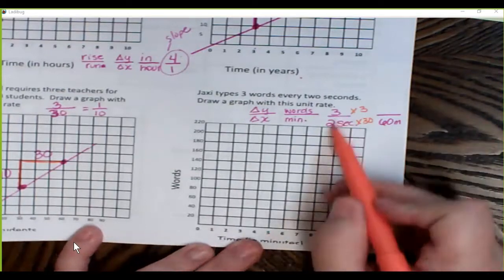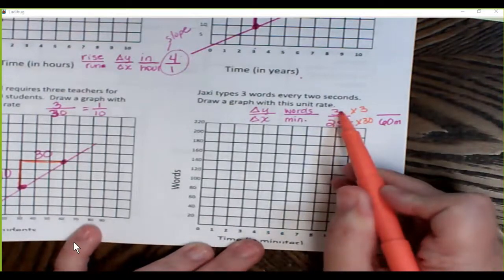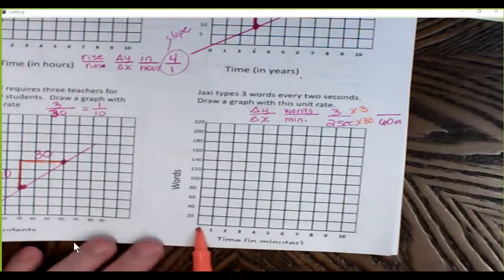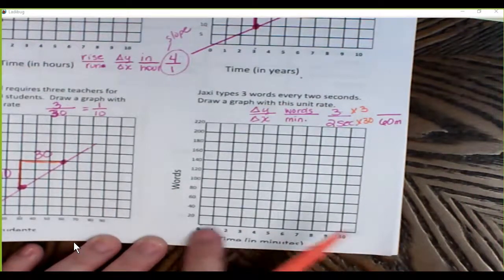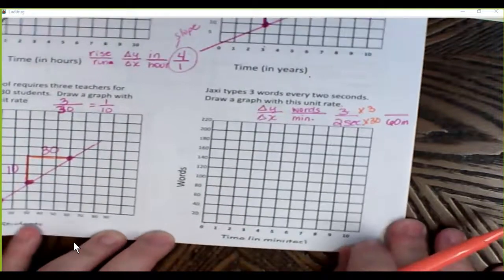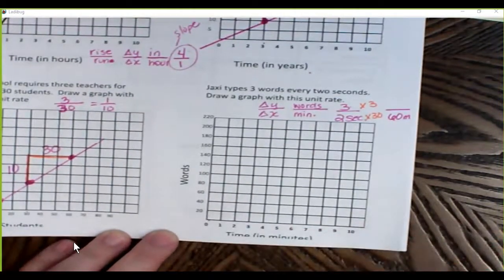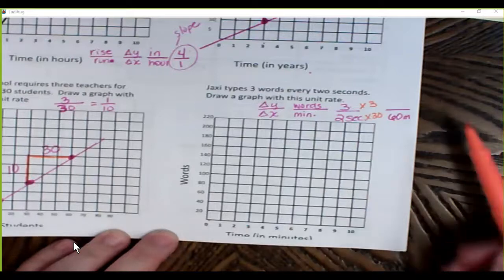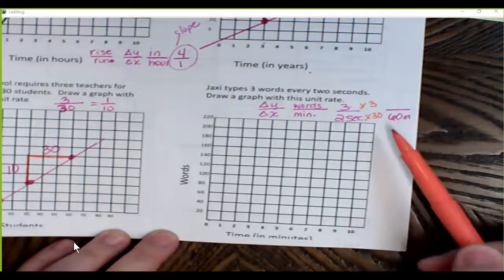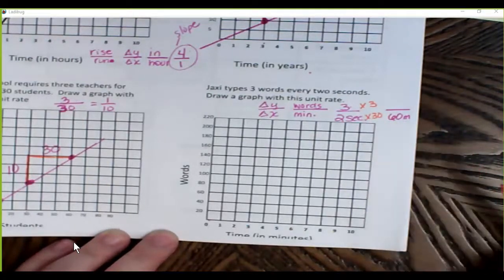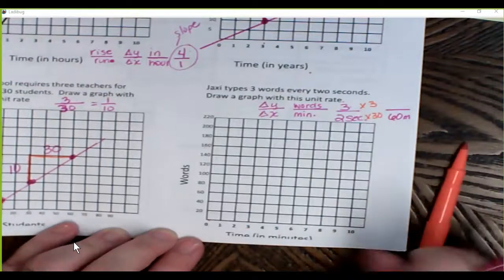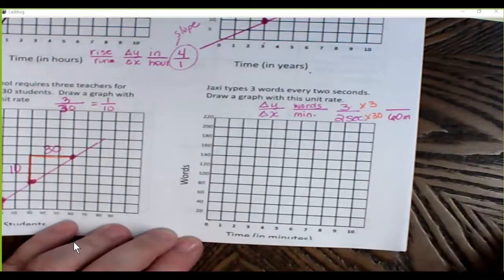Because would it be easy to graph 3 words for 2 seconds? That would be like maybe like barely right here. It's not a pretty point. So we're going to convert it to minutes to make it a pretty point. So how many words per minute for 60 seconds? How many? 90?